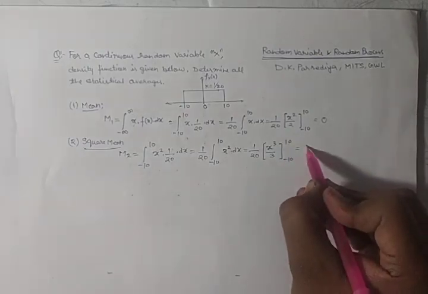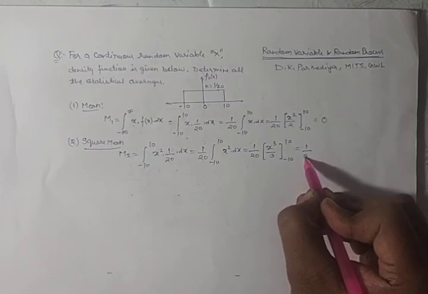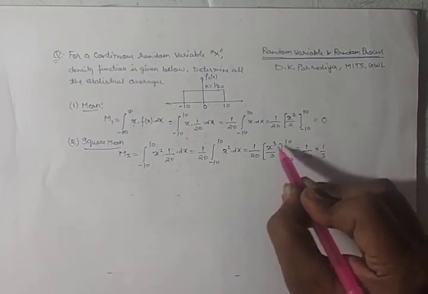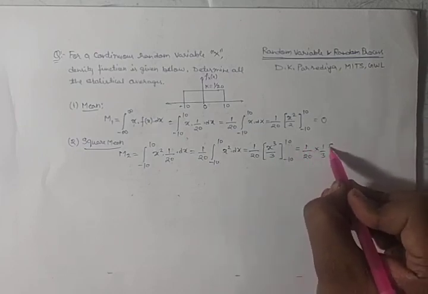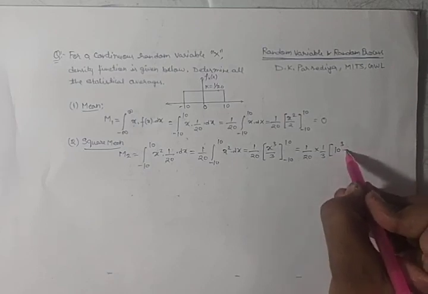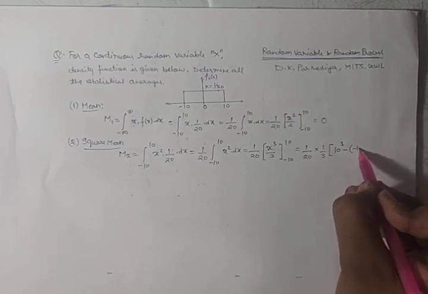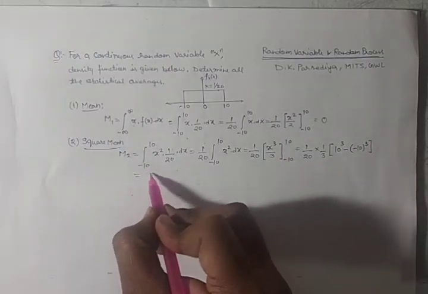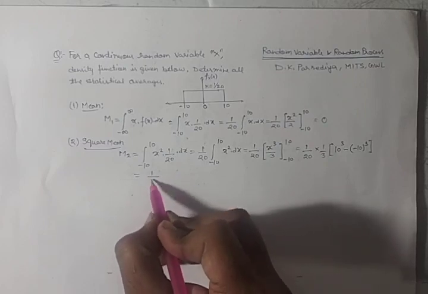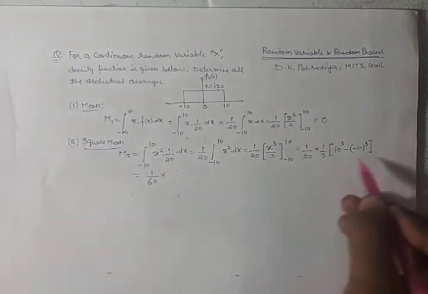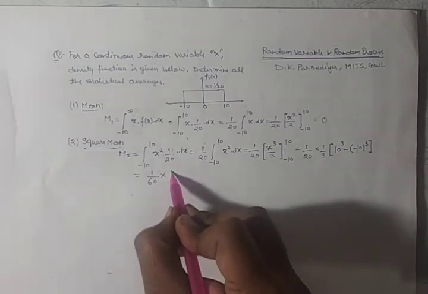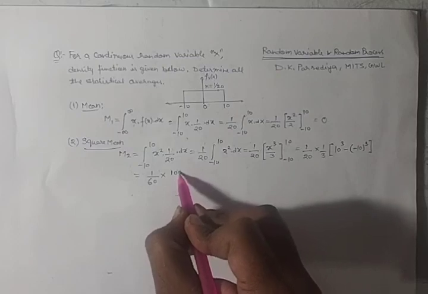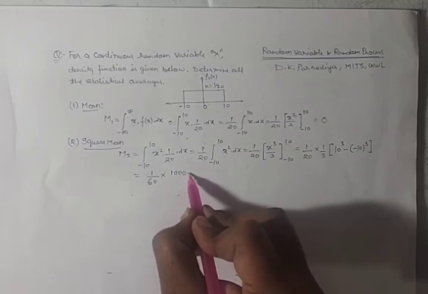So this is 1 upon 20, and 1 upon 3 is also constant. When I substitute the upper limit, this will be 10 to the power 3 minus the lower limit, that is minus 10 to the power 3. So this will be 1 upon 60 into 1000 minus minus 1000.